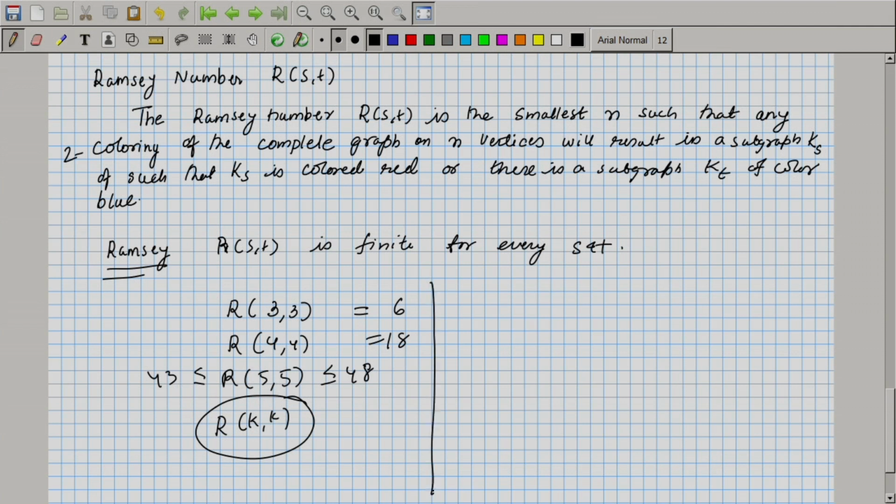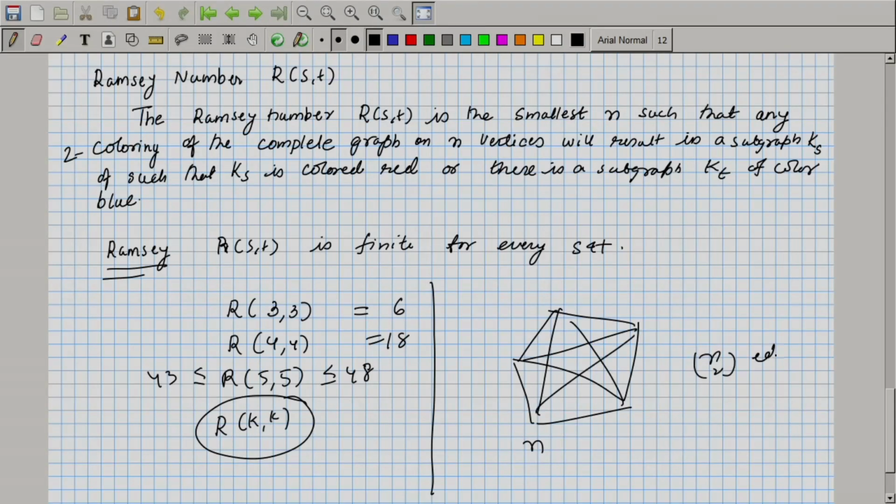If we were thinking about computing R(K,K), what should we do? How expensive is it to compute it using computers? Let us take a complete graph on n vertices. There will be n choose 2 edges, and we will try all possible colorings. That is going to be 2 raised to n choose 2 colorings.